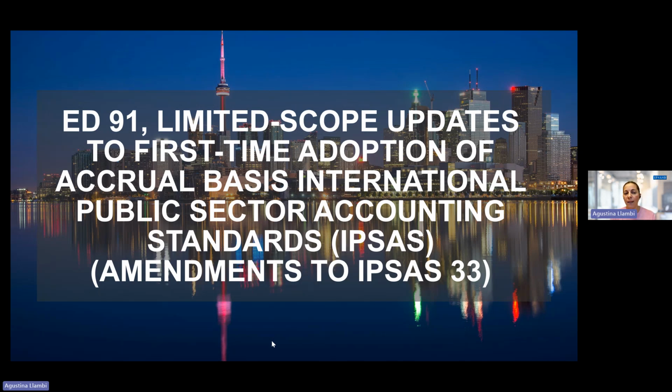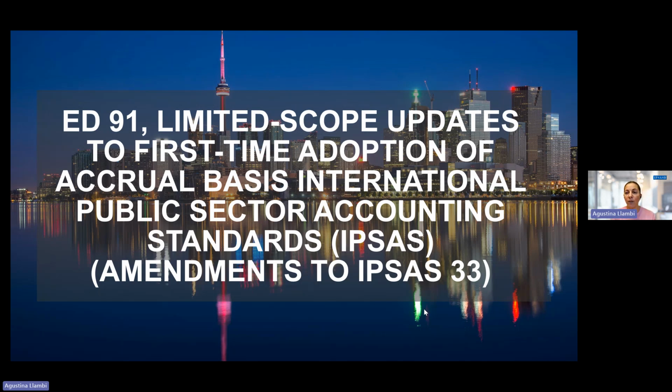It's important to highlight that in contrast to other IPSAS, IPSAS 33 does not provide recognition, measurement, presentation, or disclosure requirements. Rather, IPSAS 33 looks to support entities in their transition to accrual IPSAS, and therefore it provides exceptions, which we're going to get to, on the time frame that you can apply it.